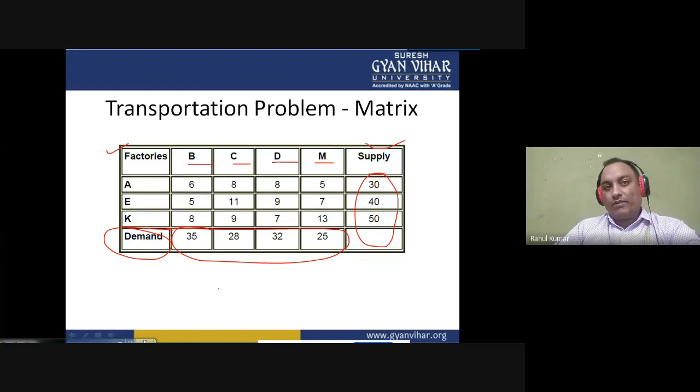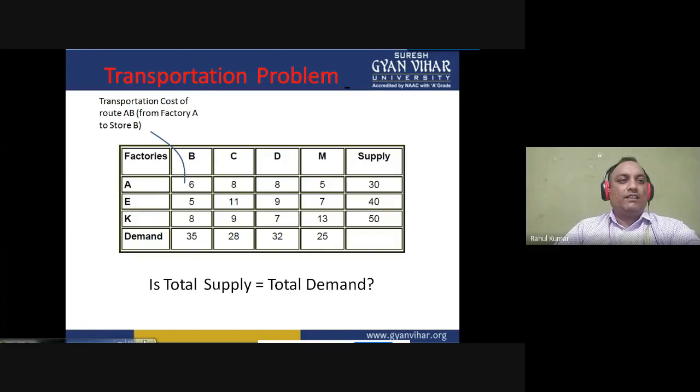How to solve this problem? Move to the next slide. For any kind of problem related to transportation, first you check whether total supply equals total demand.